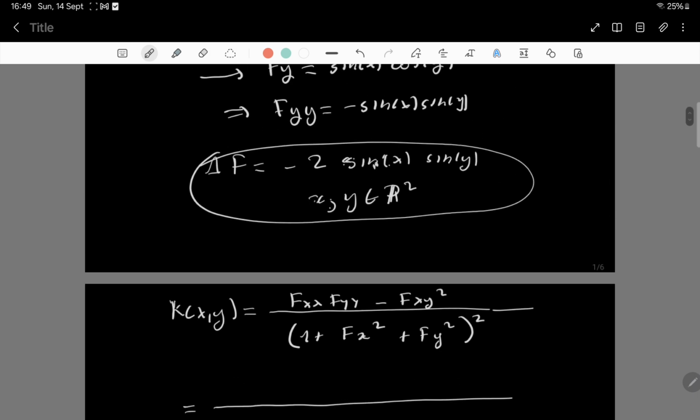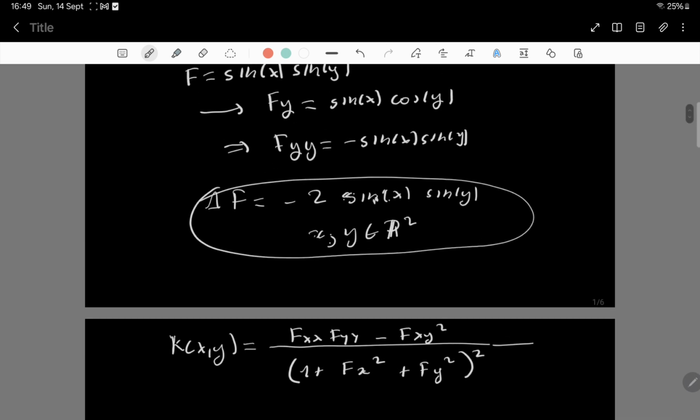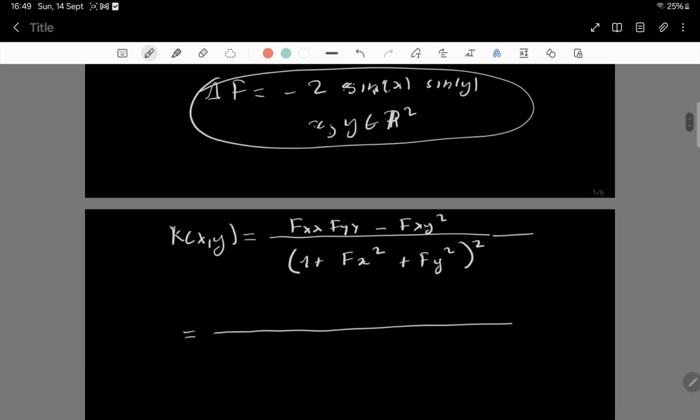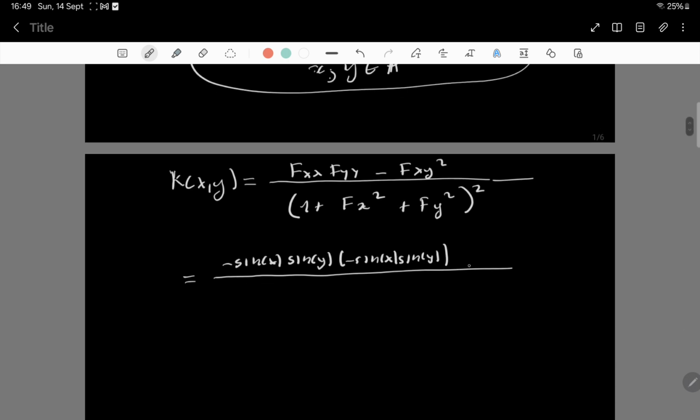So the second derivative of f with respect to x is minus sin x sin y, times minus sin x sin y, minus the mixed derivative squared.